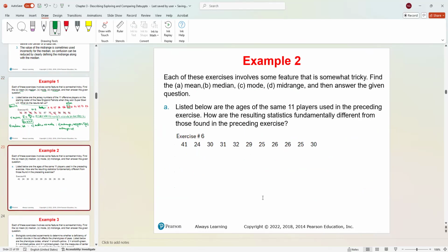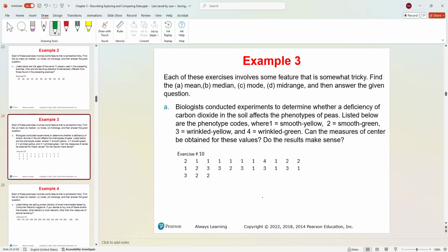Now, in this example, I believe this one also has 11 data. I usually do one example and leave the other ones for you. Please follow the first example to do this one on your own. If we look at that one, it's a bigger data set.